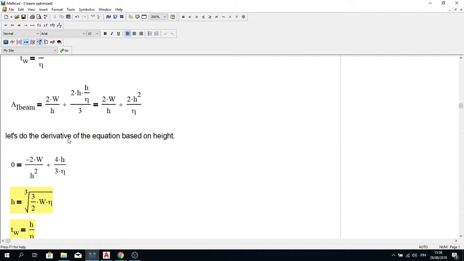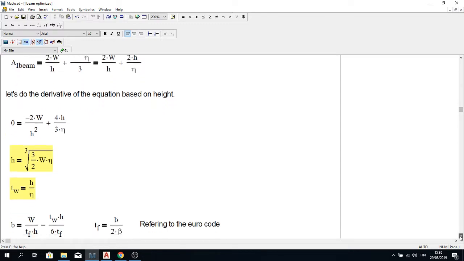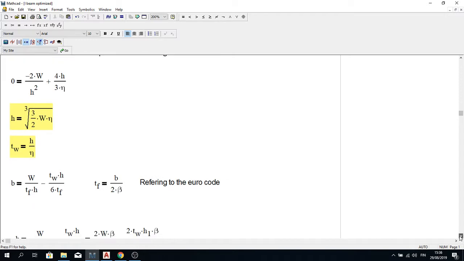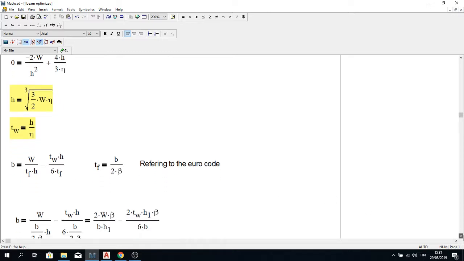The derivative of this equation is like this, and this way we can get the equation for the height of the beam, and height of the beam would be like this. Section modulus W we know once we know the moment, and once we know the height, we know the ratio. The thickness of web is the ratio between height and the eta factor, so that can be derived as well.